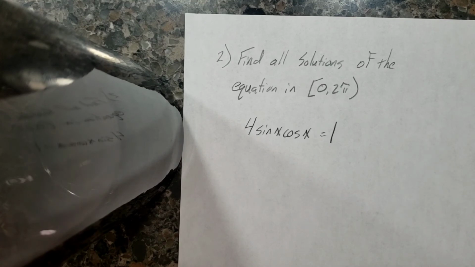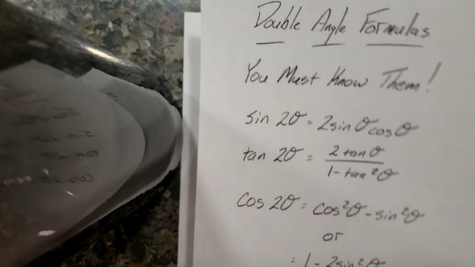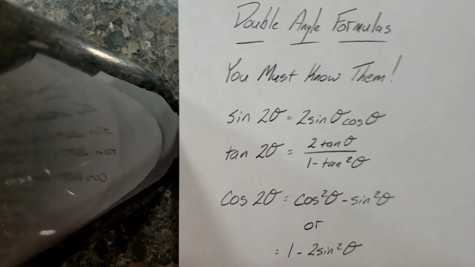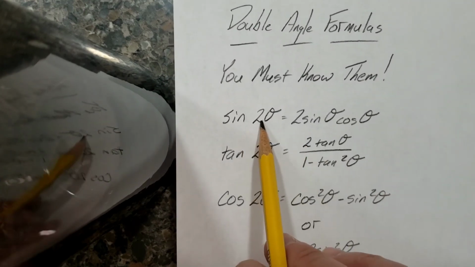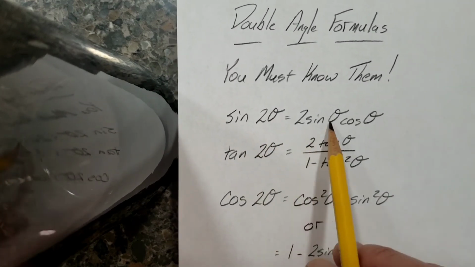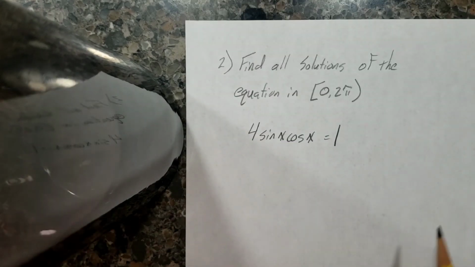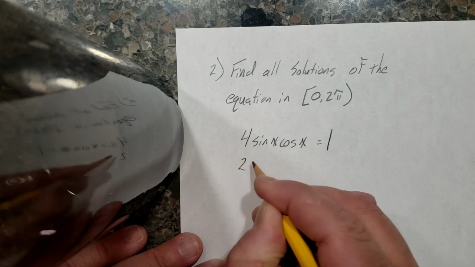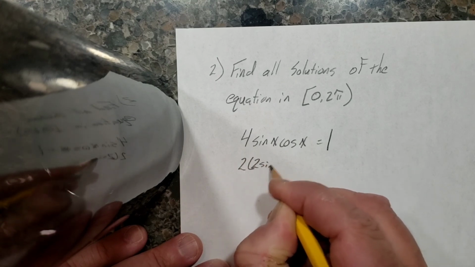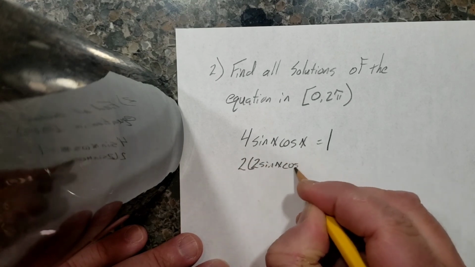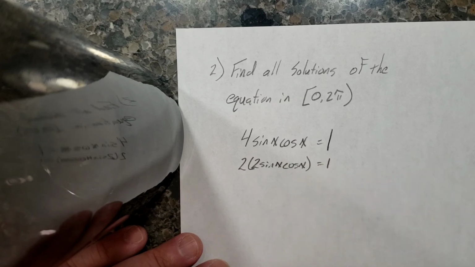Now if we think for a minute and go back to our double angle formulas, okay, there they are. It kind of looks like sine 2 theta is 2 sine theta cosine theta, but instead of 2 I've got a 4. So all I'm going to do is factor out that 2. 2 times sine x cosine x equals 1.